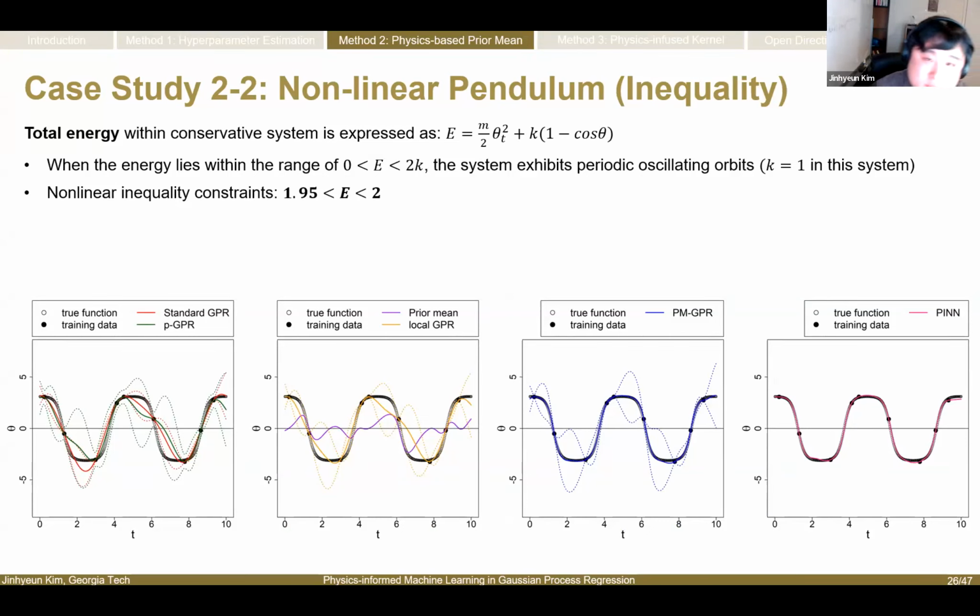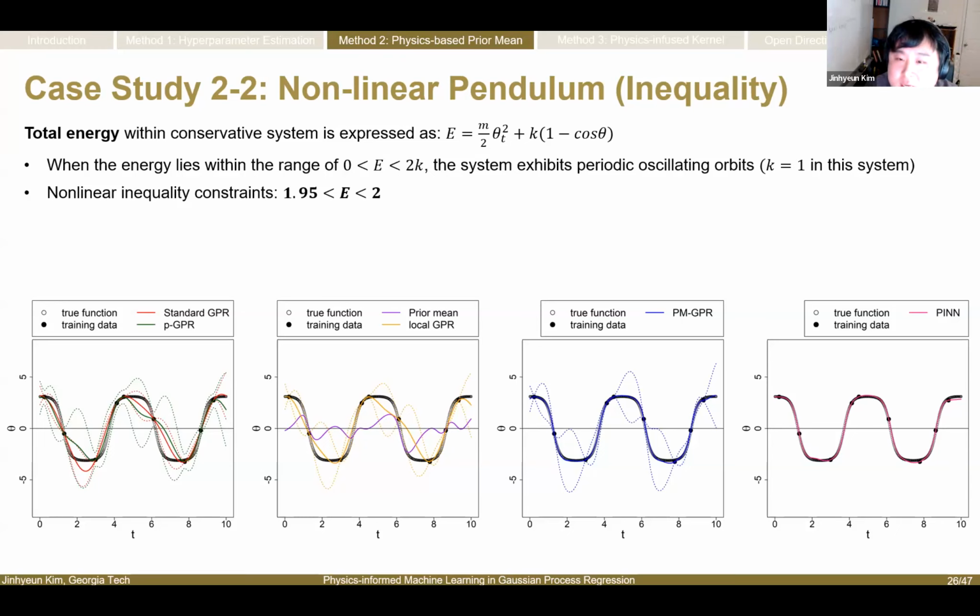We want to tackle the current challenges of the current methodology of GPR with inequality constraints. It is very difficult to embed nonlinear inequality constraints because they use the truncated Gaussian likelihood function.